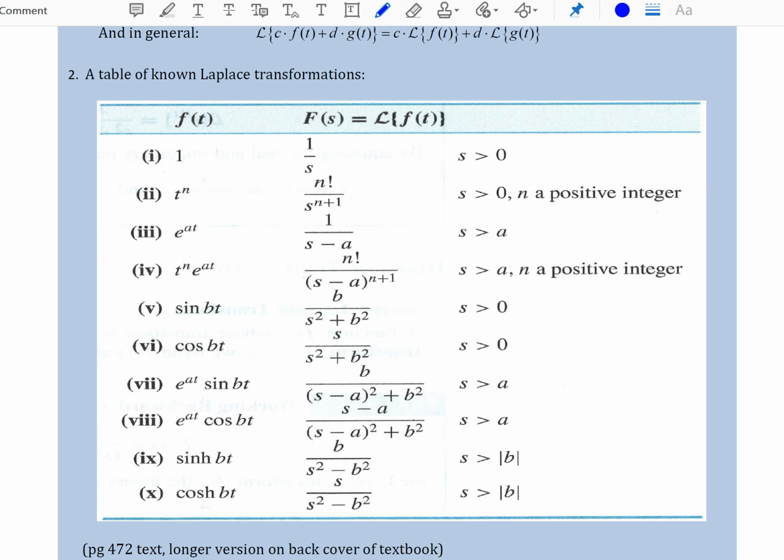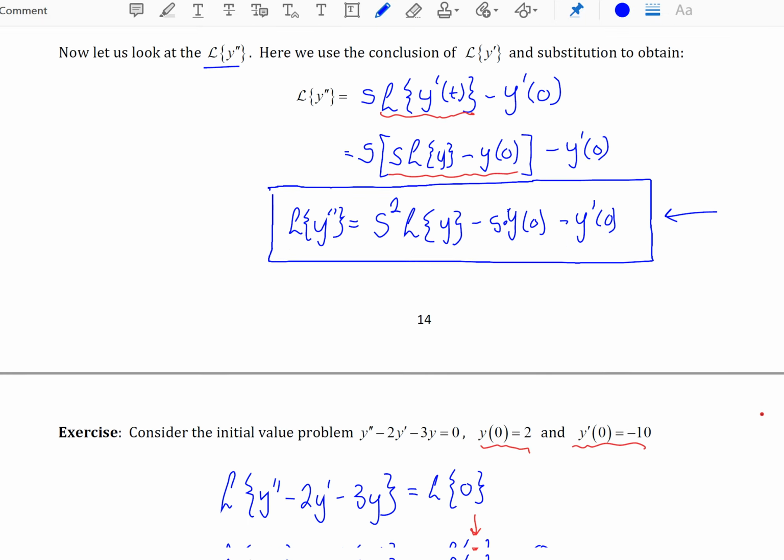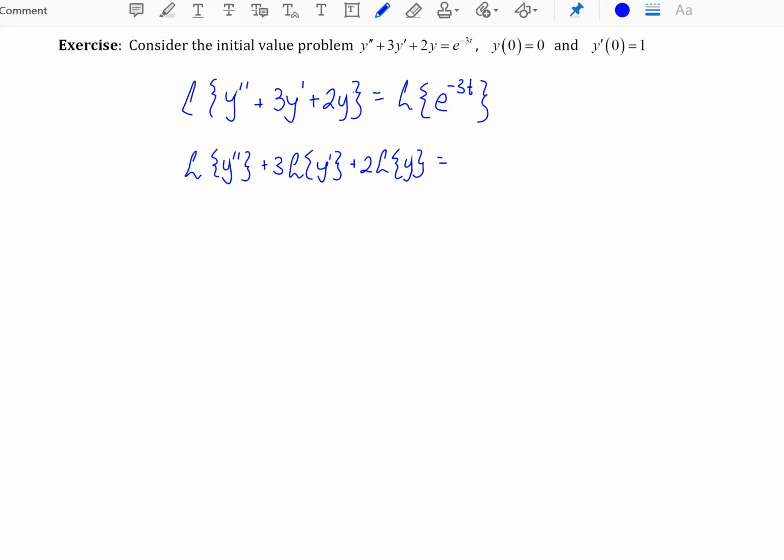Remember the Laplace of e to the at is 1 over s minus a. So whatever our exponent a is, it's s minus a in our denominator. Here, since a is negative 3, the Laplace of e to the negative 3t is 1 over s plus 3.